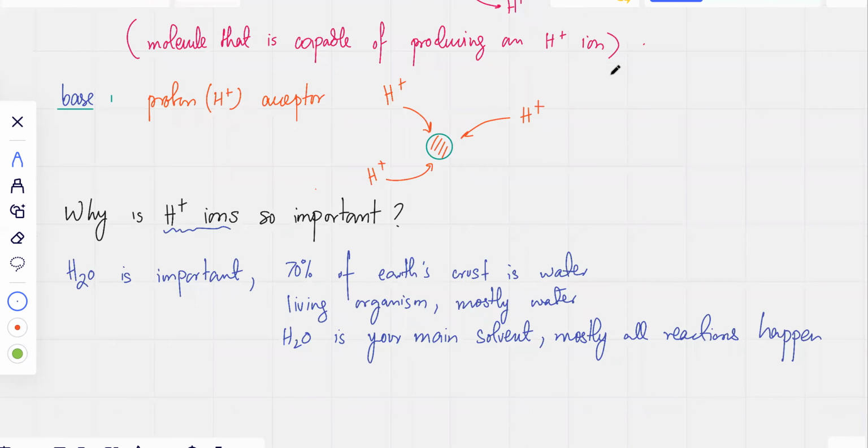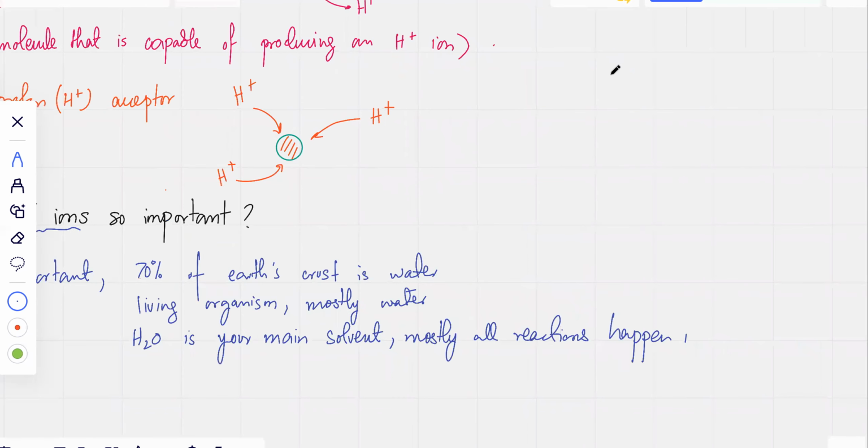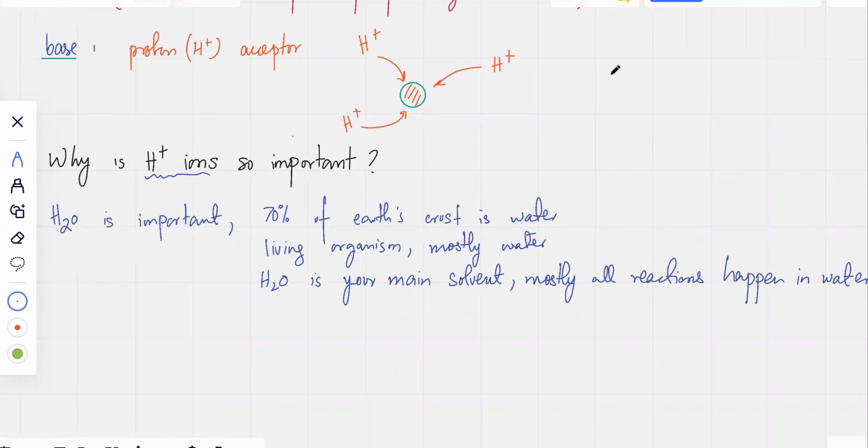I mean, there are other solvents, but 99% of the time, water is your main solvent.